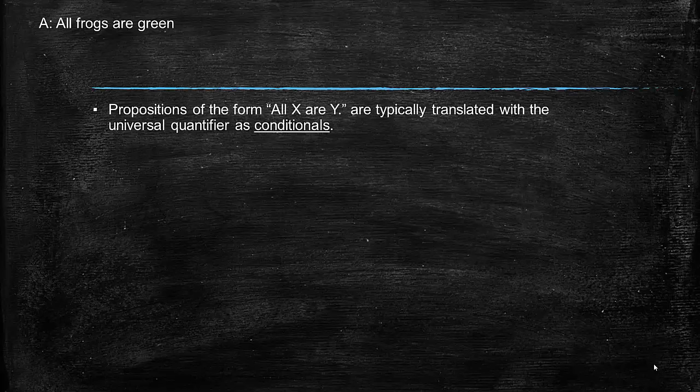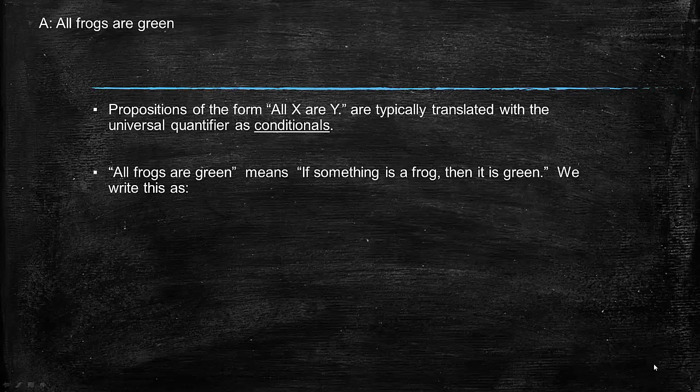Okay, so propositions of the form all X are Y, like all frogs are green, which we call A-type propositions, are typically translated with the universal quantifier as conditional propositions. So all frogs are green means, in English, if something is a frog, then it is green.